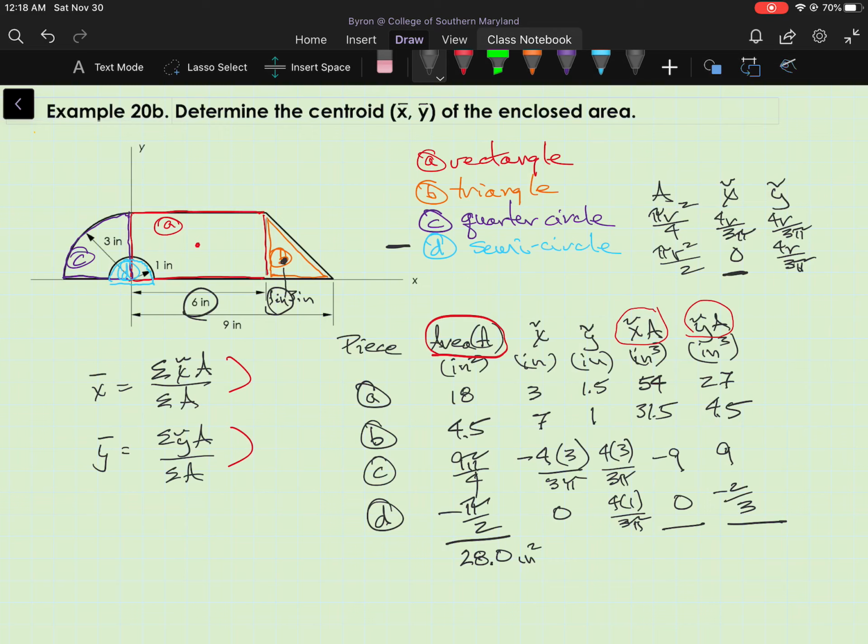When you sum the x tilde A column, you get 76.5, and that's in inches cubed. And when you sum the y tilde A column, you get 39.83, and that's in inches cubed. Okay, so these are the summations here of the three things that we need to calculate x bar and y bar of the entire composite area.